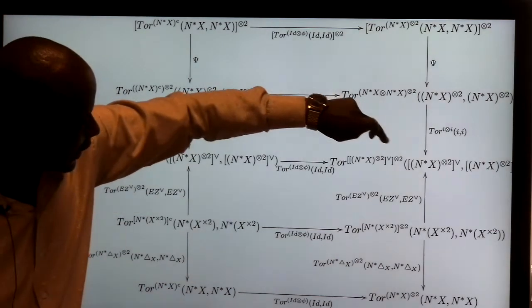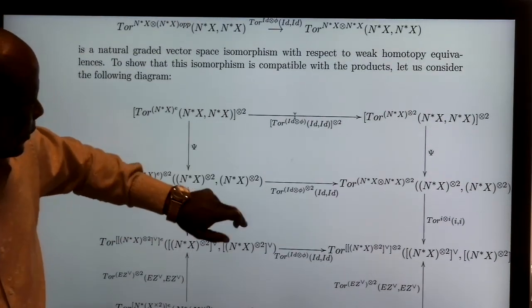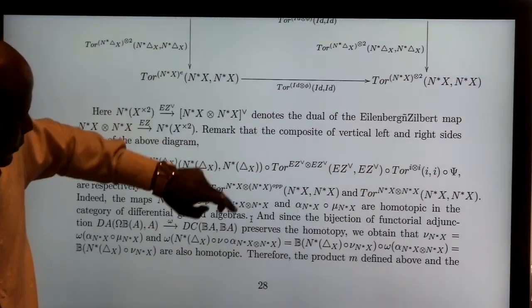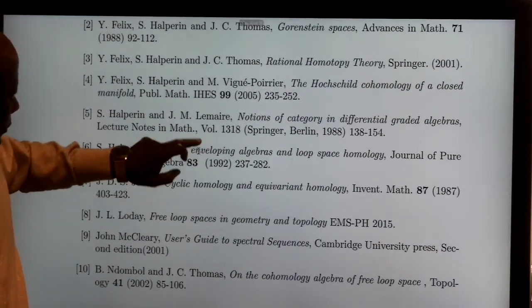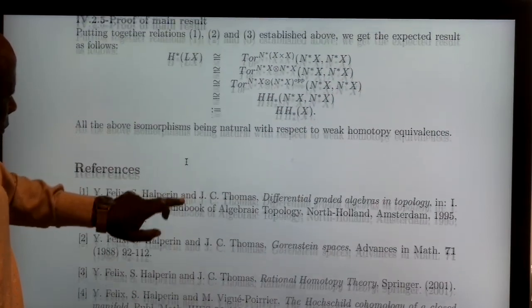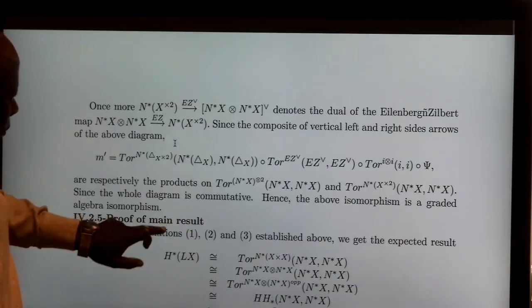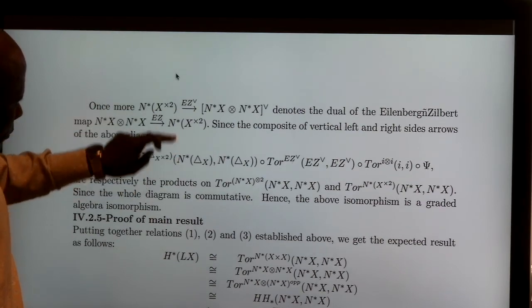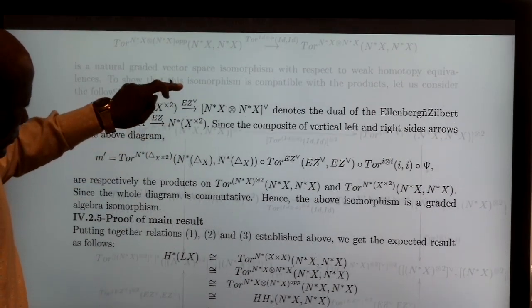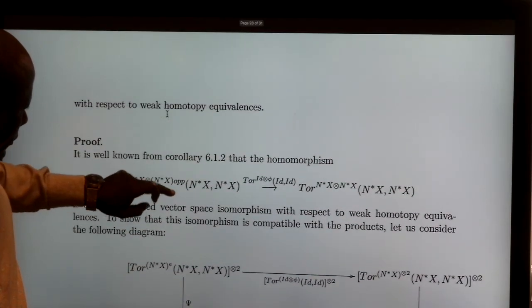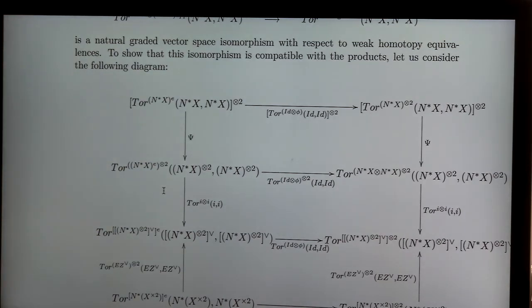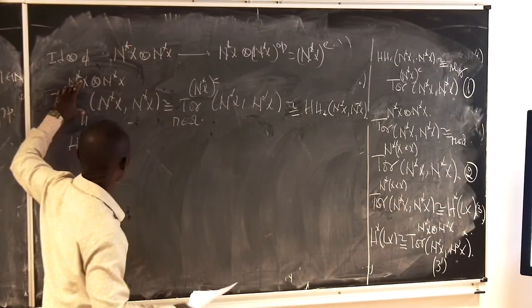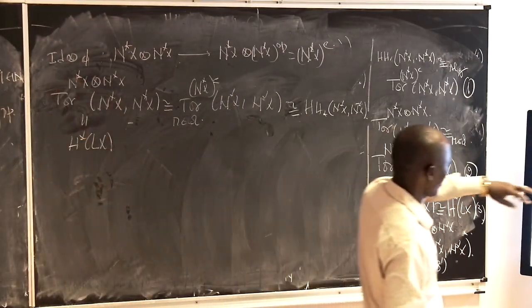And then this one defines the product between the previous one and this one here, because this one is exactly what we have here.